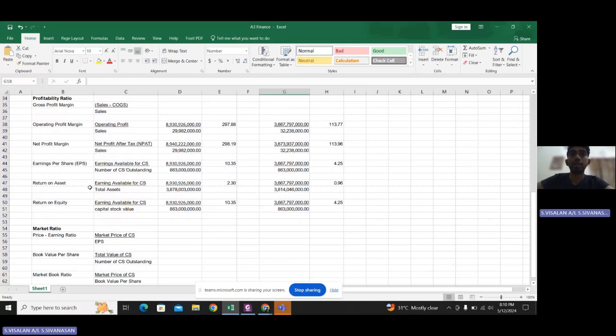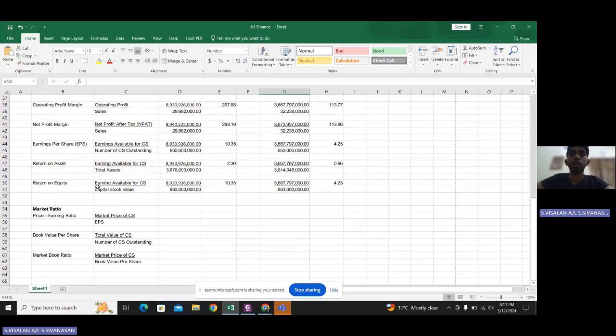Lastly, return on assets: earnings available for common stock divided by total assets. For year 2021, 3,667,797 is the earnings available for common stock, divided by 3,814,046,000 total assets. So the answer is 0.96 for year 2021. For 2020, it's 2.30.